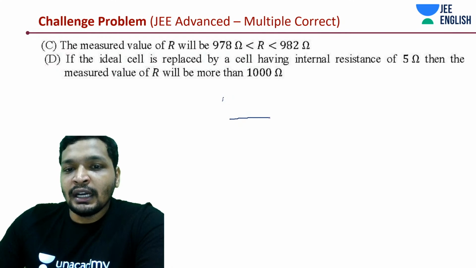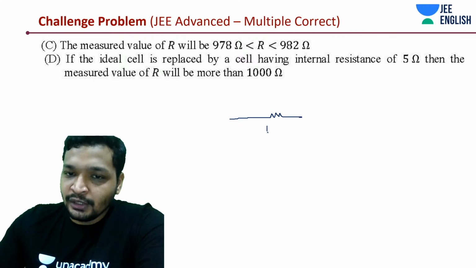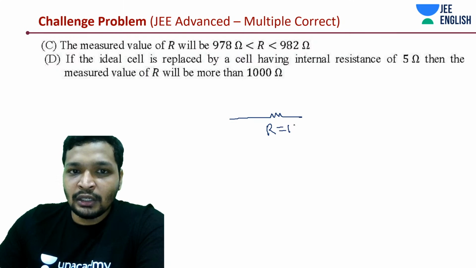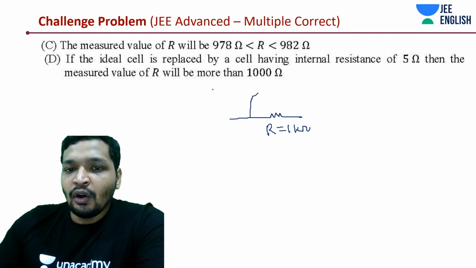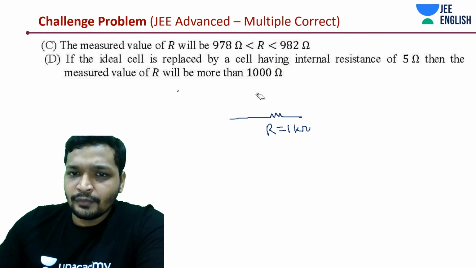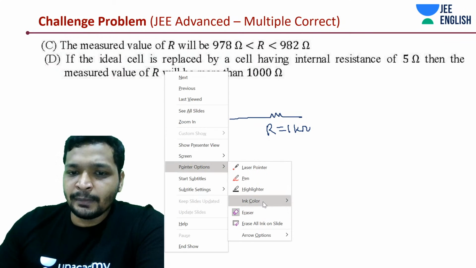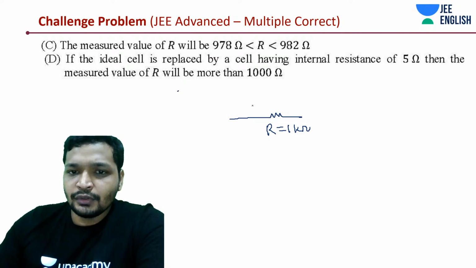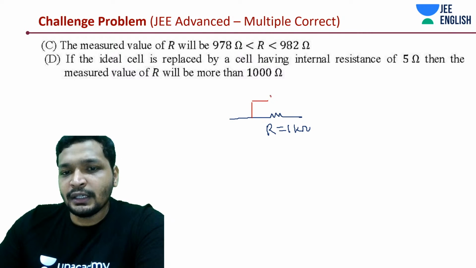Let's say I have this R, which is actually 1000 ohms or 1 kilo ohm, and we have this voltmeter, which should be connected in parallel. This is how you would conduct this Ohm's law experiment. So I'm going to attach a voltmeter in parallel.